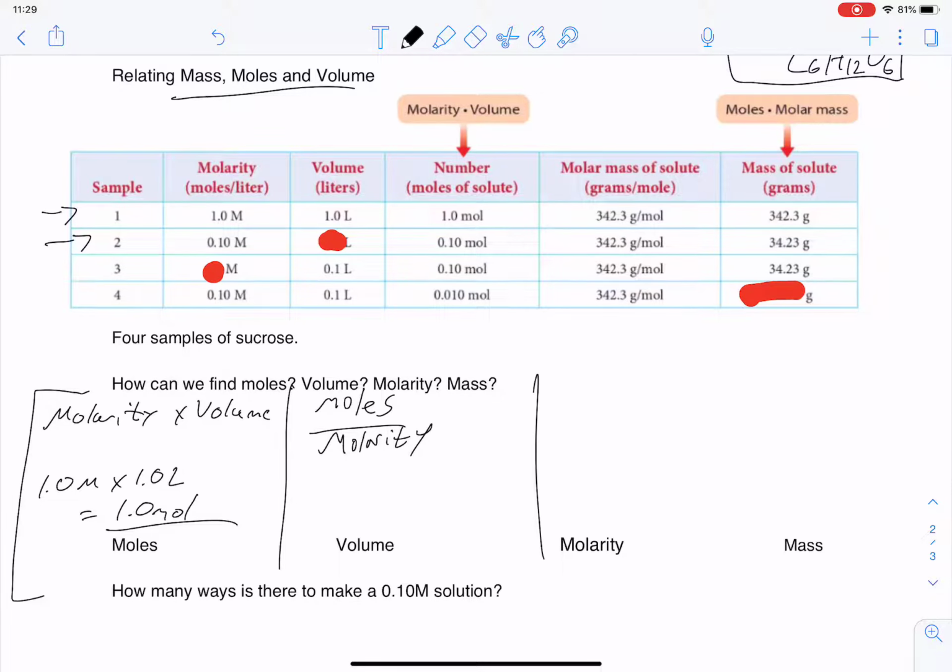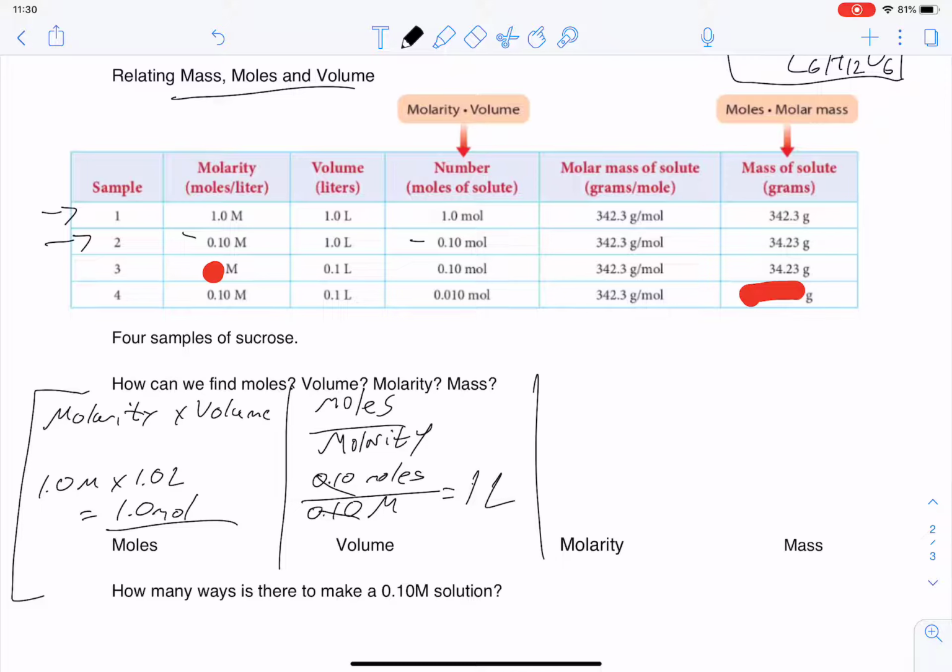So in this case, we're taking moles, which is 0.10 moles, divided by molarity for sample 2, which is 0.10. We take that number and that number, and they can both cancel out, so the volume is going to be 1 liter. We double check, and we see that that is correct.